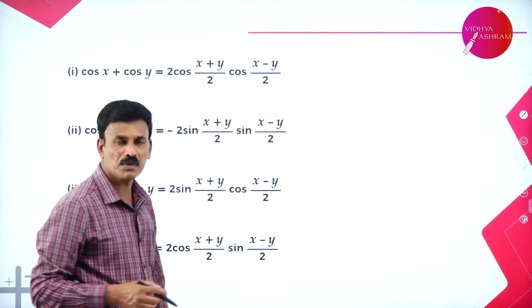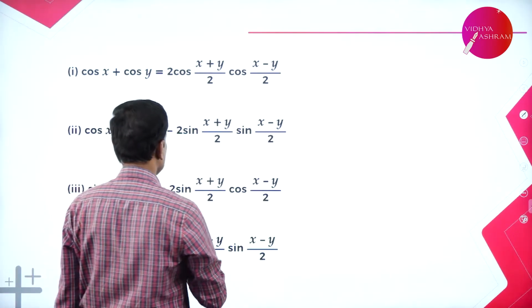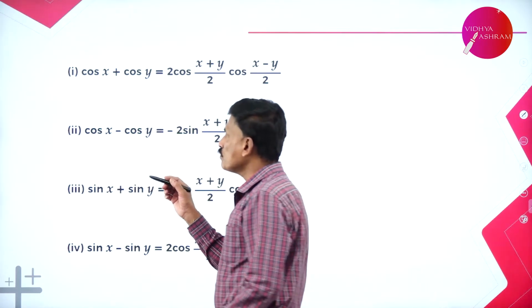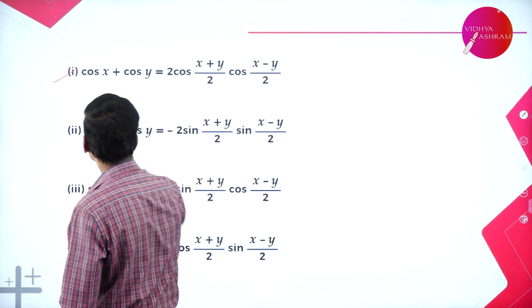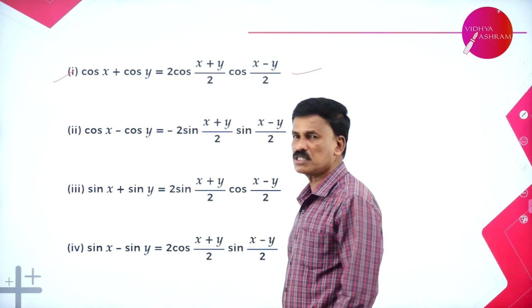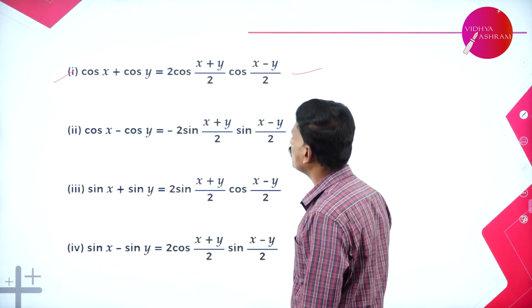Suppose A plus B and A minus B are replaced by x plus y and x minus y, with x and y. So the formulas we are going to get are: cos x plus cos y is equal to 2 cos((x plus y)/2) into cos((x minus y)/2).